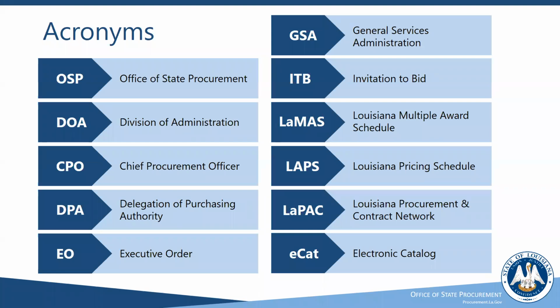The EO for Executive Order. GSA for General Services Administration, ITBs for the Invitation to Bid, then LMAS contracts, Louisiana Multiple Award Schedules, LAPS, the Louisiana Pricing Schedules. We'll talk about LaPAC, which is the Louisiana Procurement and Contract Network, and ECAT, which is our electronic catalog.